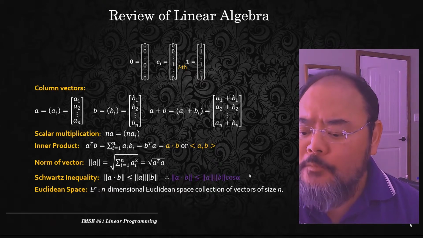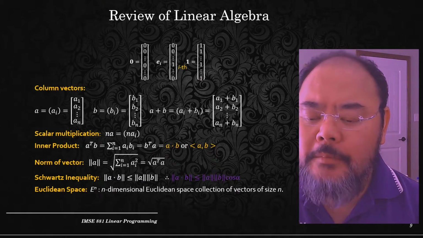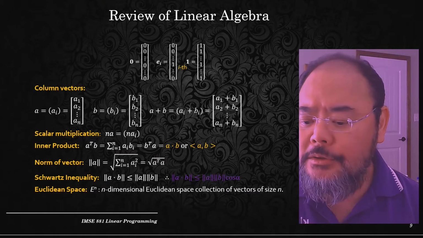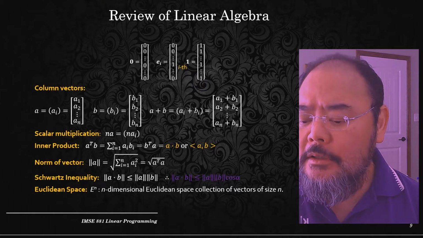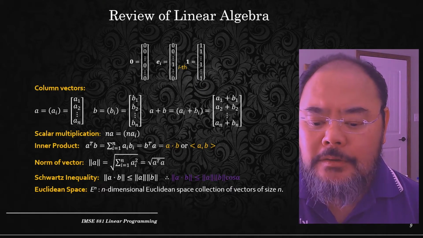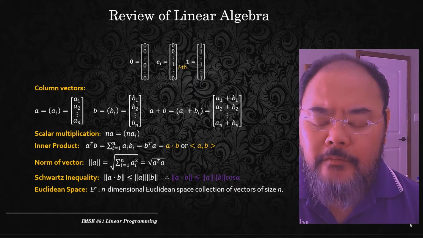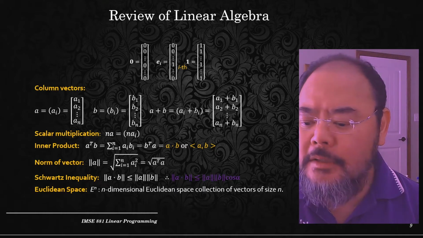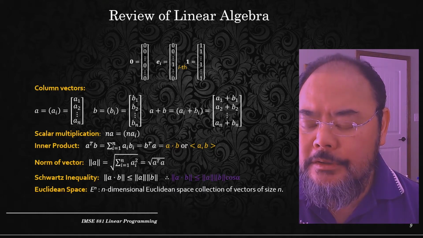Finally, the Euclidean space, which we're going to mention many times in several lectures, E sub n, represents an n-dimensional Euclidean space, the collection of vectors with a size of n.